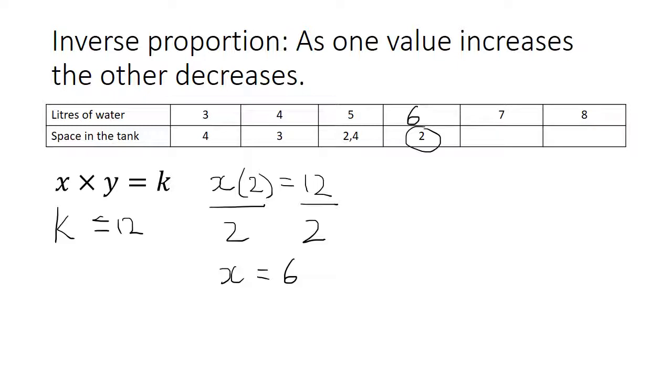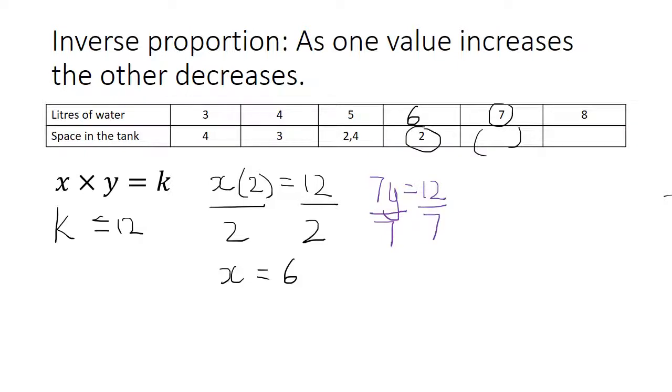In the next example, we do have the x value, but we need the y value. So let's swap out the x value. The x value in this instance is going to be 7. The y we're not sure, and k we know is going to be 12. To get the y all by itself, we divide by 7 on both sides.